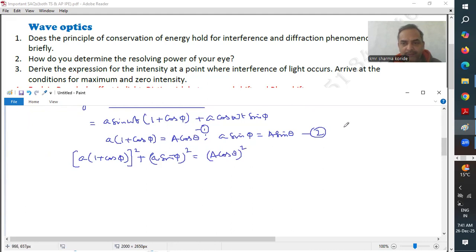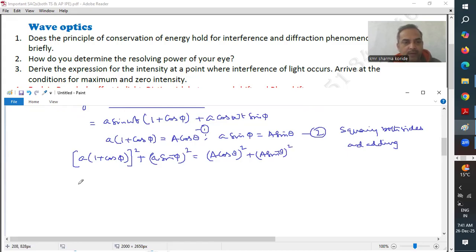Squaring both sides and adding. You are squaring and adding the right side terms as well: A sin theta whole squared.